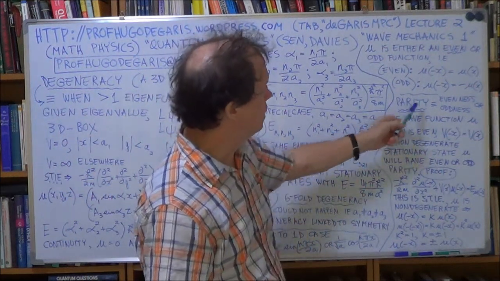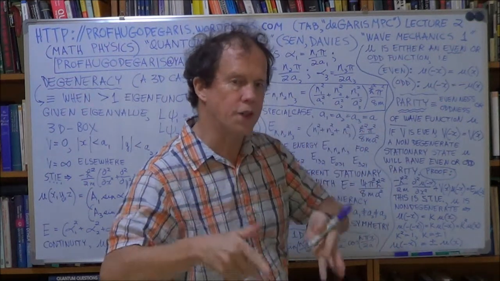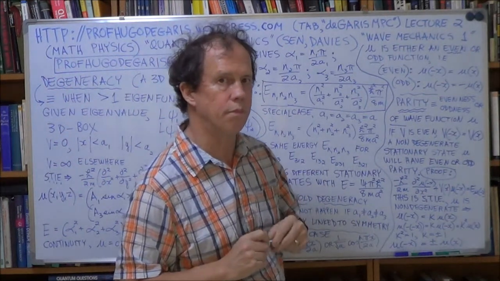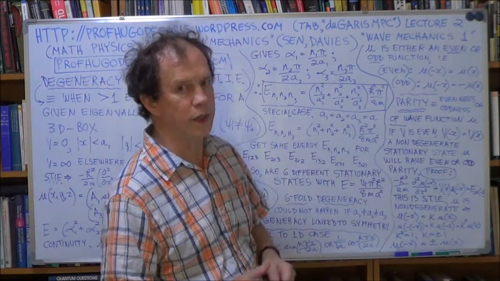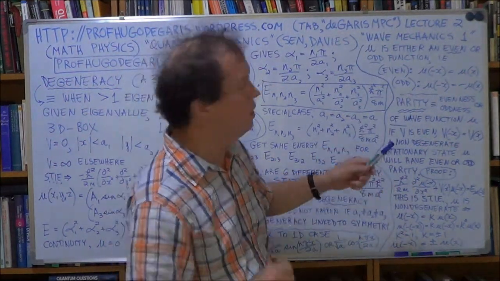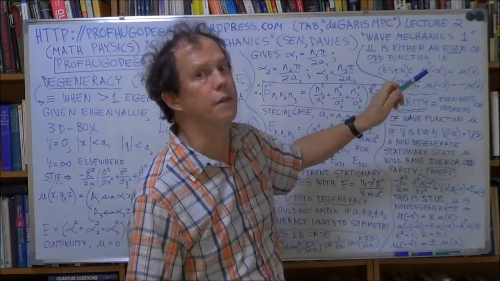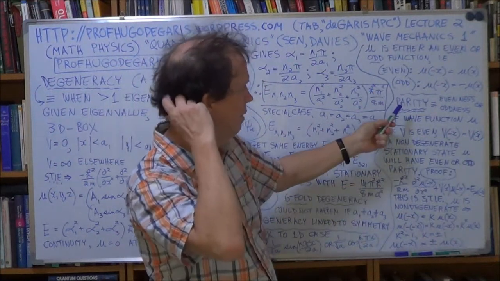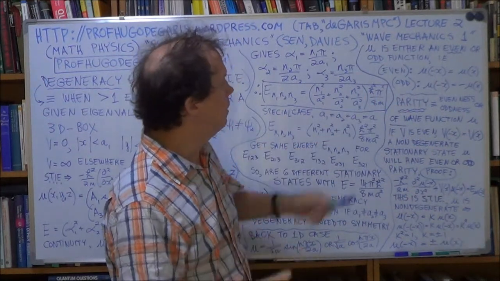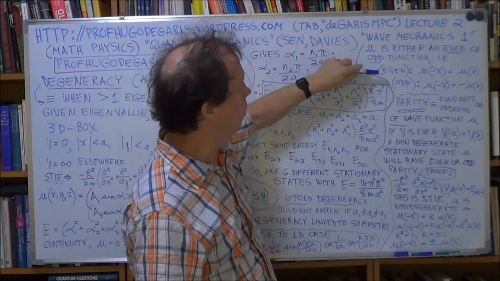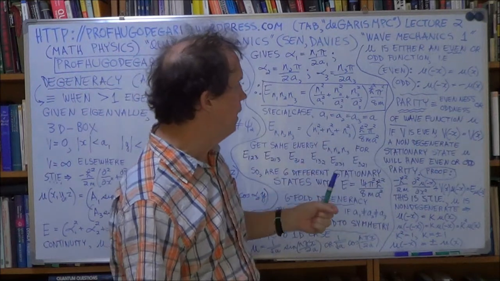So parity is just evenness or oddness, but within the context of wave mechanics. So it's a technical word used within wave mechanics, but all it does is take the idea of evenness or oddness of a function from mathematics. Right? That's all it is. But physicists, they're using their own term for it. They just call it parity, whereas the mathematicians would call it either evenness or oddness of functions. Same thing, right? Okay.